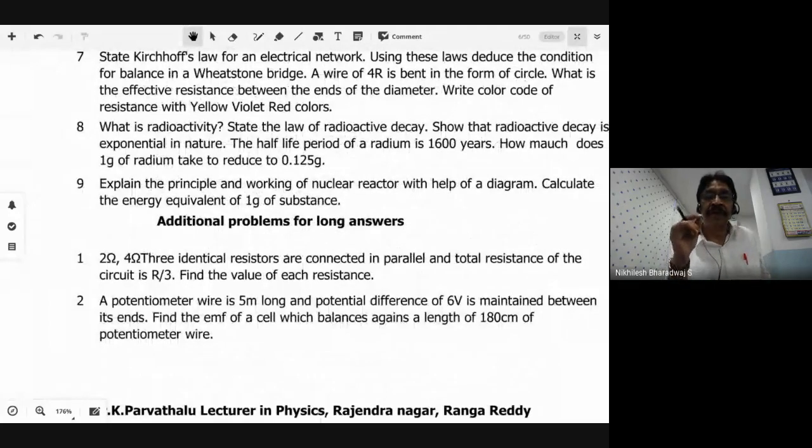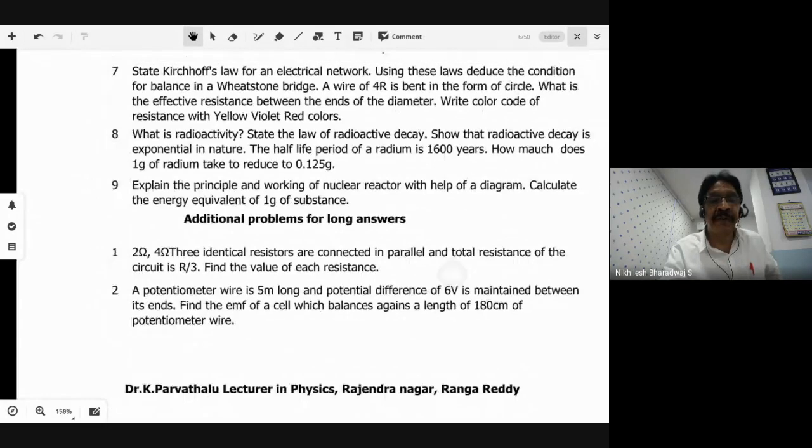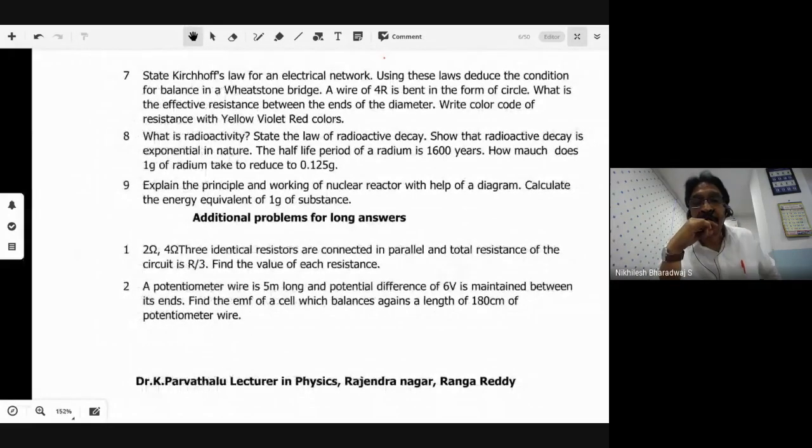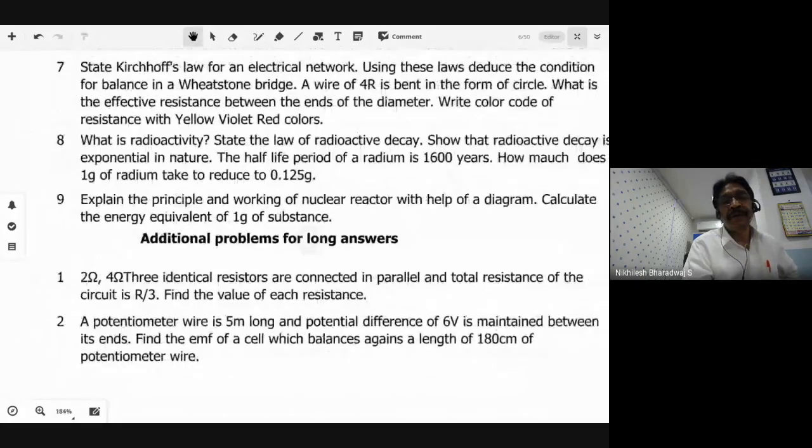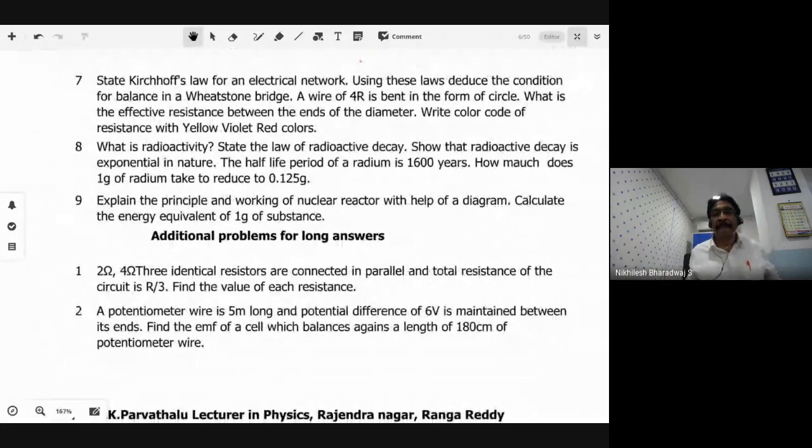State the law of radioactive decay. Show that the radioactive decay is exponential in nature. The half-life period of radium is 1600 years. How long does 1 gram of radium take to reduce to 0.125 gram? Is anybody having any doubt in this problem? Please speak out.